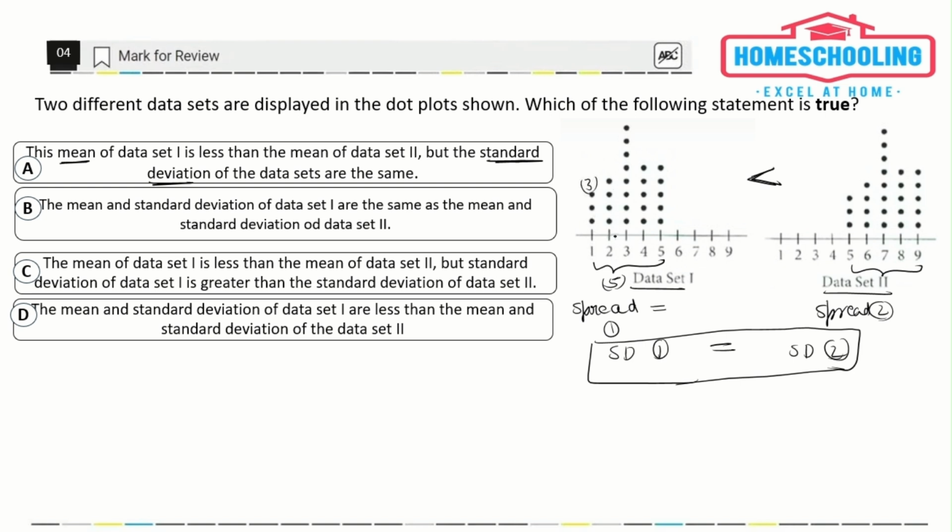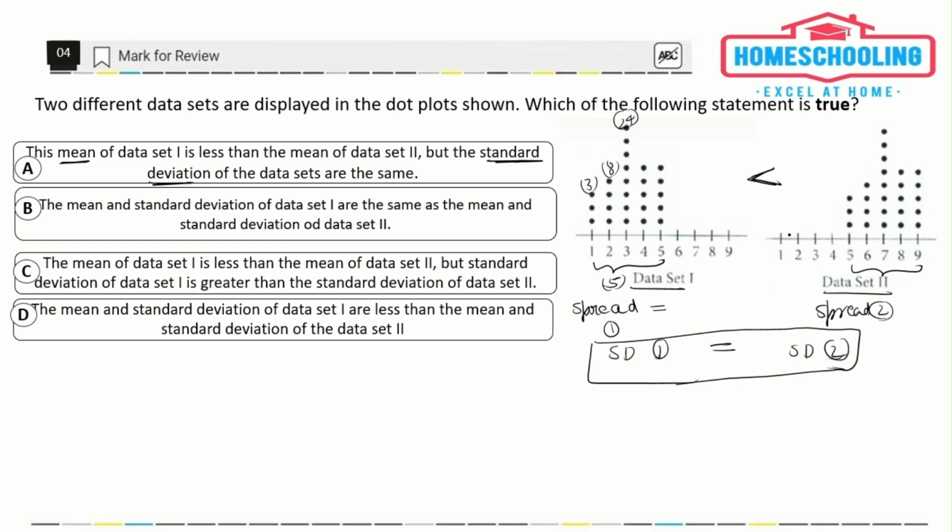Here we have 4 data points and the corresponding value is 2, so 4 into 2, 8 will be there. Here 8 data points are there and the corresponding value of each data point is 3, so 8 into 3, 24 will be there.